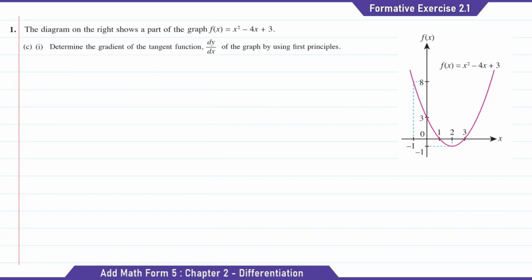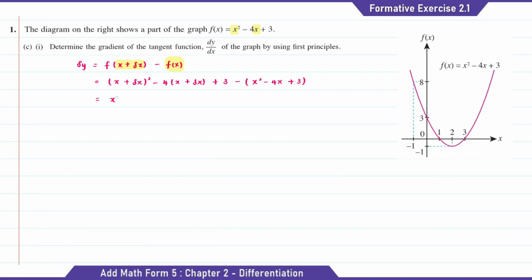Question C1. Determine the gradient of the tangent function dy dx of the graph by using first principles. So here we're going to start with this. So first we're going to input the function with x plus delta x. Therefore, the x here we're going to replace with x plus delta x. Then we're going to minus f of x, which is minus bracket x squared minus 4x plus 3.